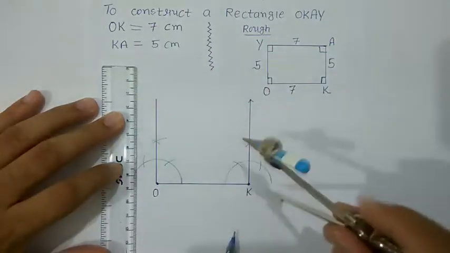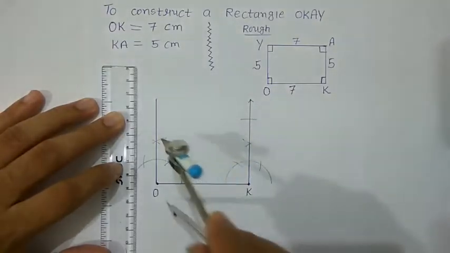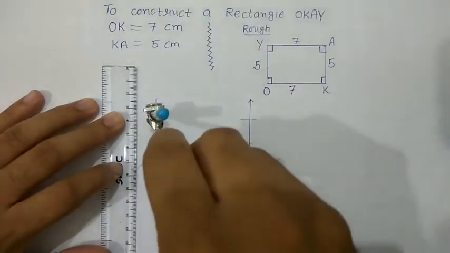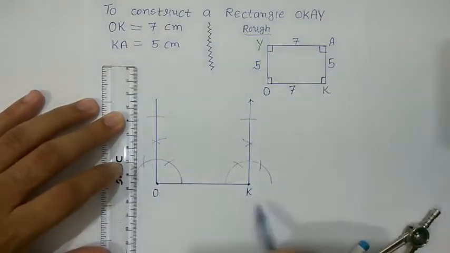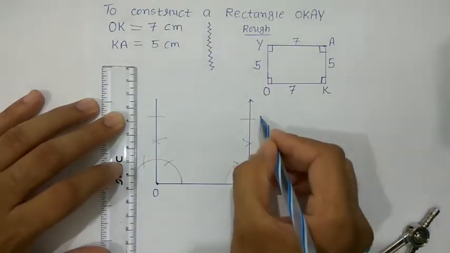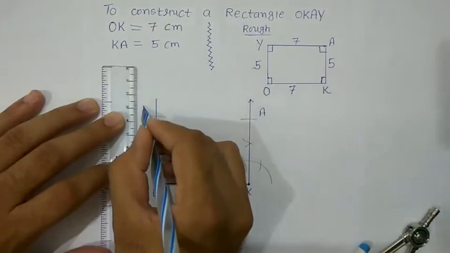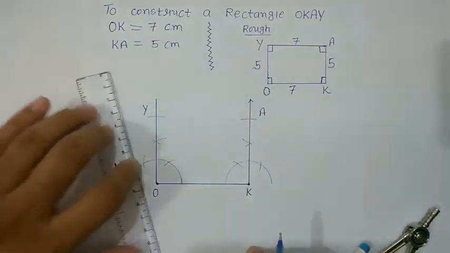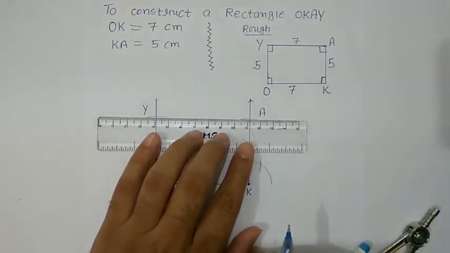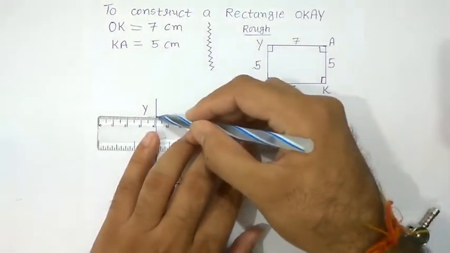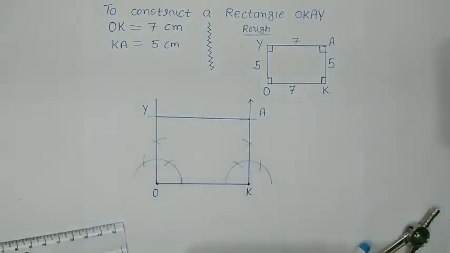Now make one arc from the K on this line, and the same arc we have to draw from the point O. So now here we get the 2 points. OK we already have, this point we get as A and this point we get as Y. Now if we join both these points, then we get the fourth side of the rectangle.